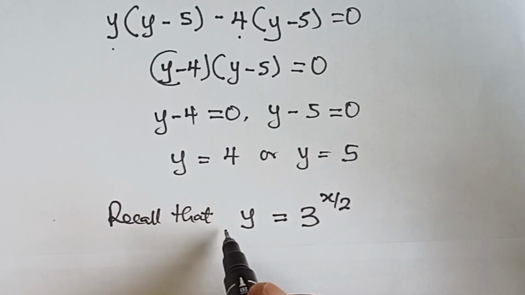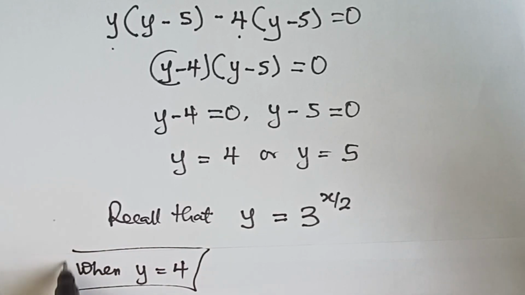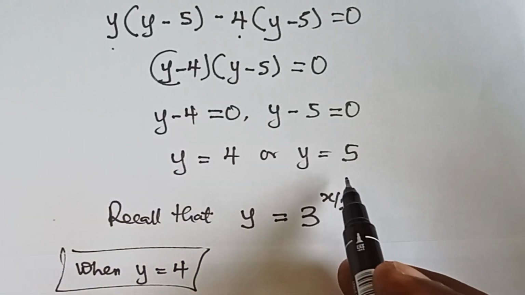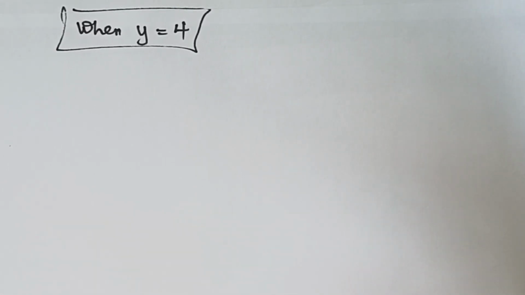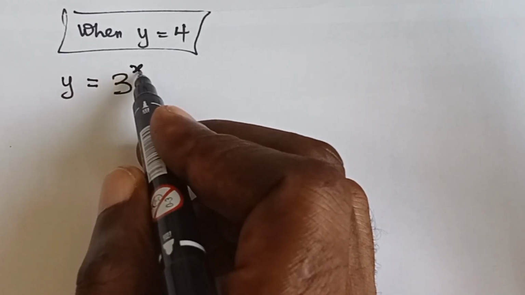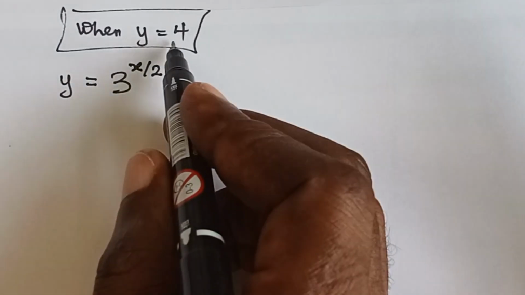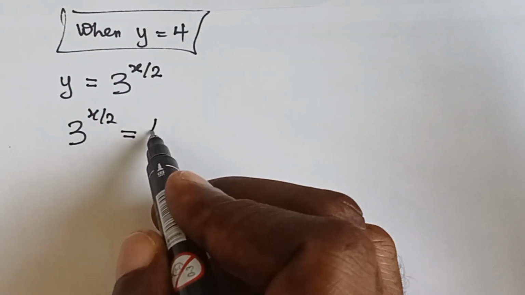We have y equals 4 and y equals 5. Now when y equals 4, let's see what the value of x is. We have y equals 3 raised to power x over 2, and y is 4, that means 3 raised to power x over 2 equals 4.